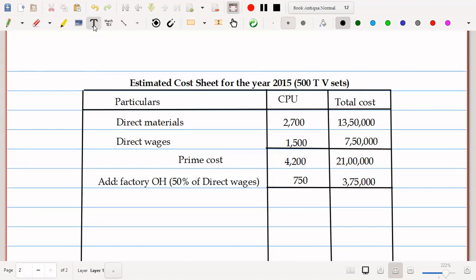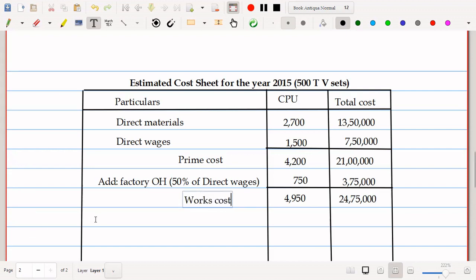What is the total here? It comes to 4,950, and this comes to 24,75,000. What is this? This is works cost.